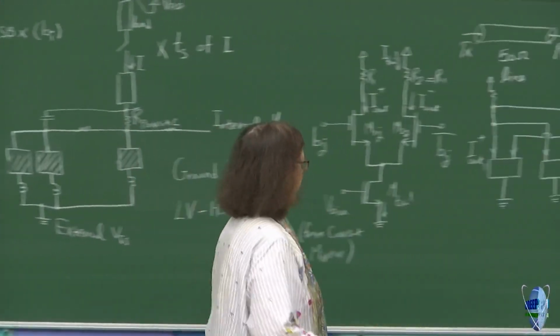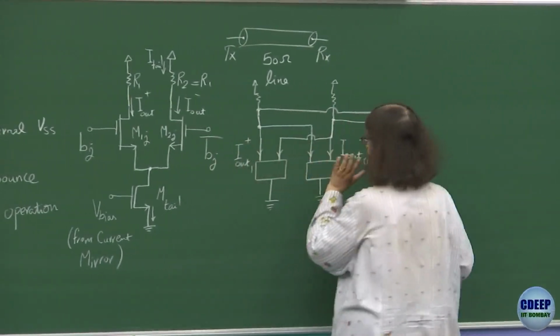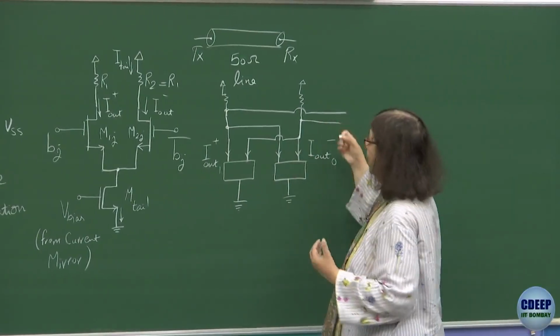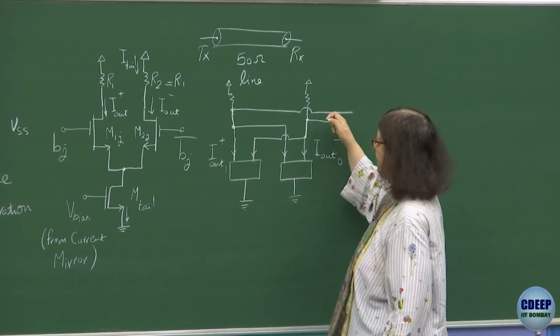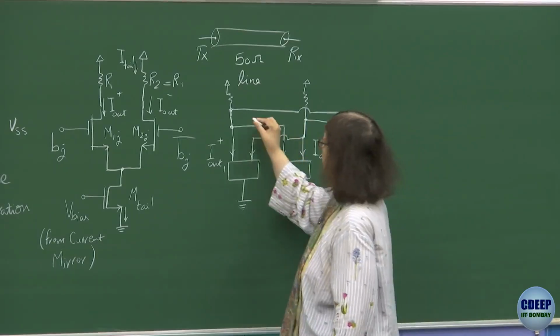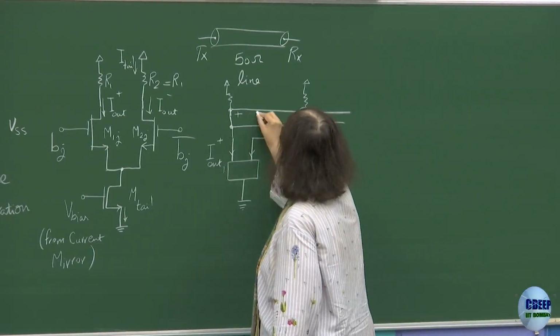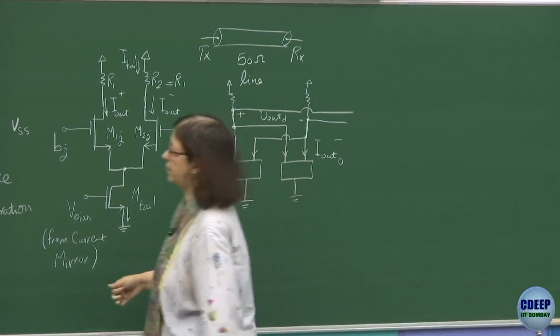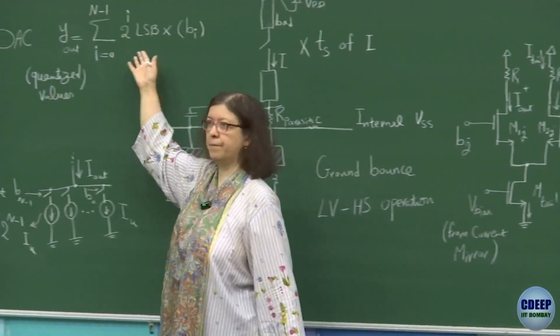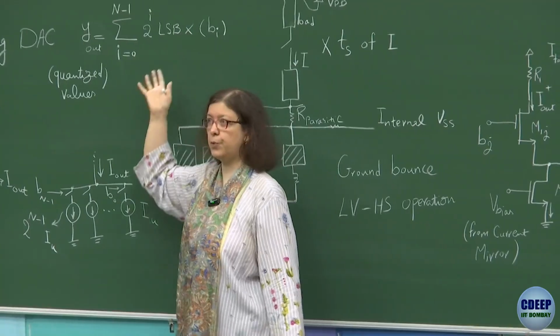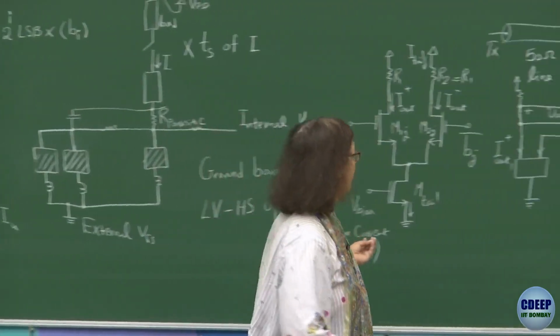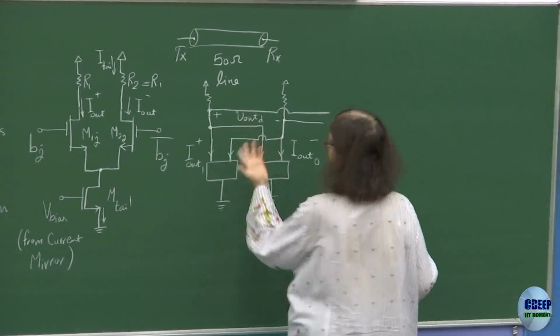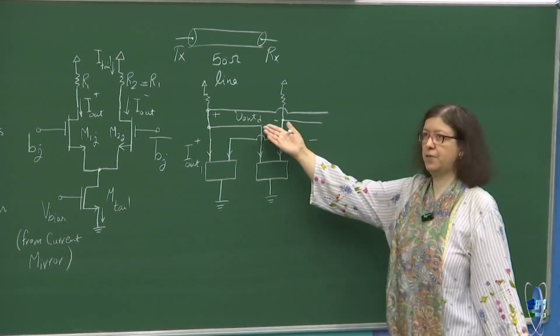So therefore here we understand that the whole information that we get is the swing. Eventually this is V out D. This differential output is actually the output of the DAC. How much would actually be the full scale range of this V out D?